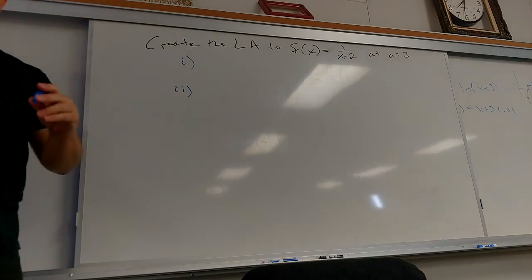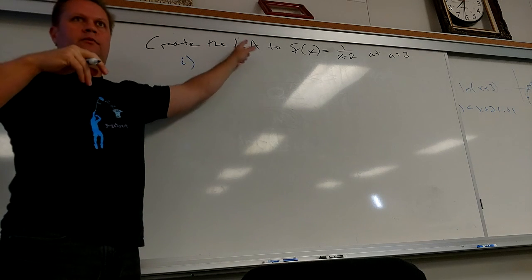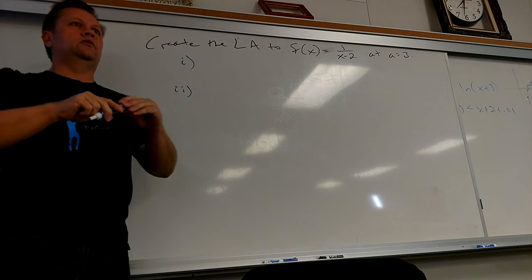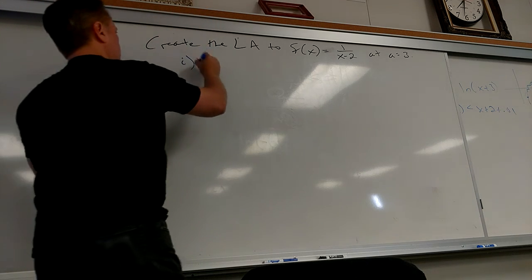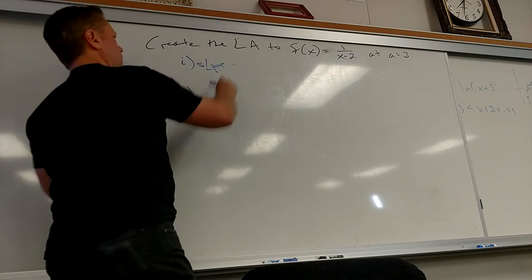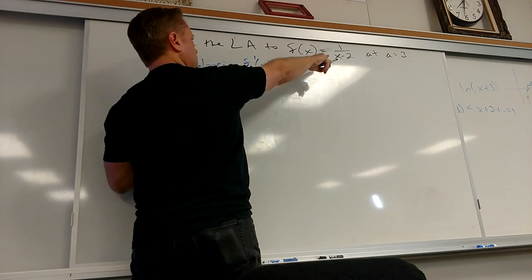What two things do I need for the equation of a tangent line, which is what we understand linear approximation to mean? Slope, I love it. So how do I find the slope? Derivative. So what's the derivative of this going to be?